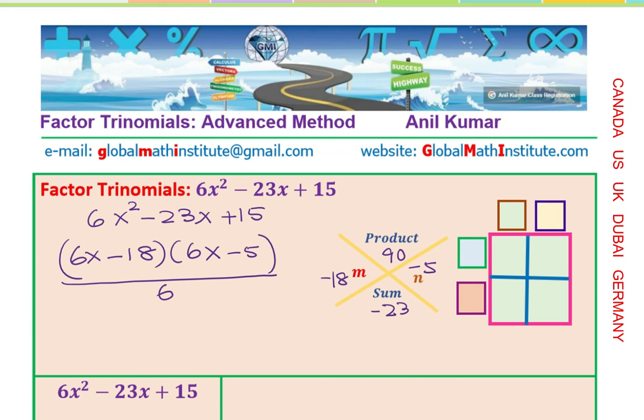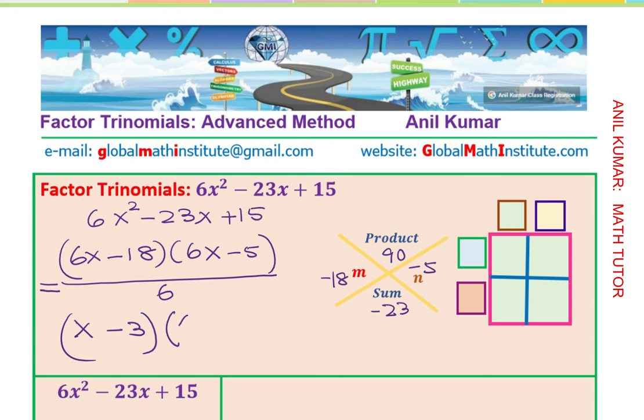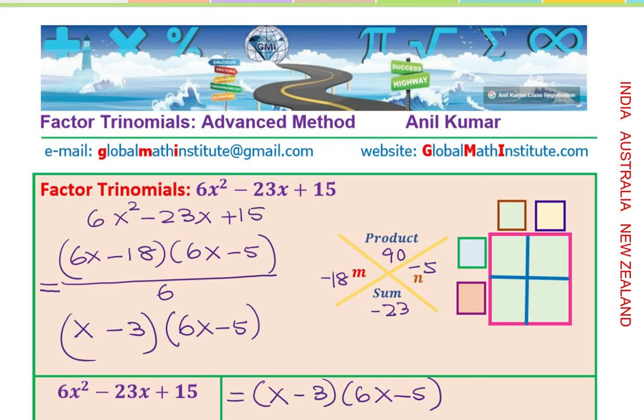So what we get here is x minus 3, times 6x minus 5 as our result. So we do get x minus 3 times 6x minus 5. Is that clear to you? See how beautifully using the Australian method we got our result.